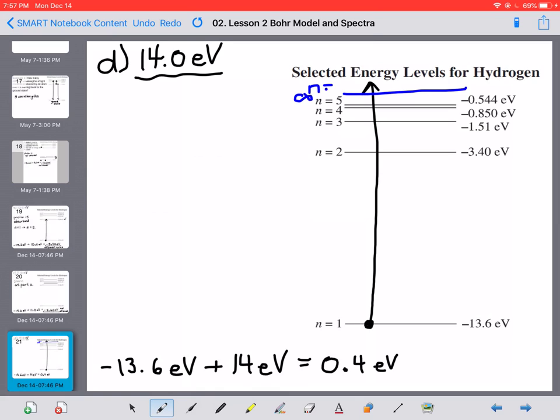So now the rule changes a little bit because when electrons are ionized, they become free. So this electron becomes a free electron, which just means it's not part of the atom anymore. And free electrons can have however much energy they want.